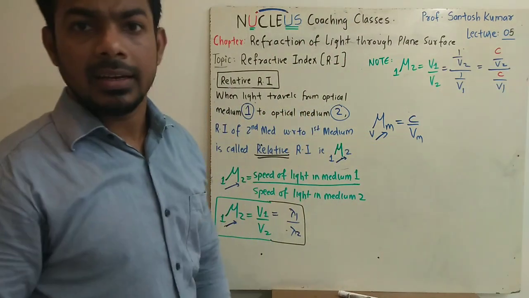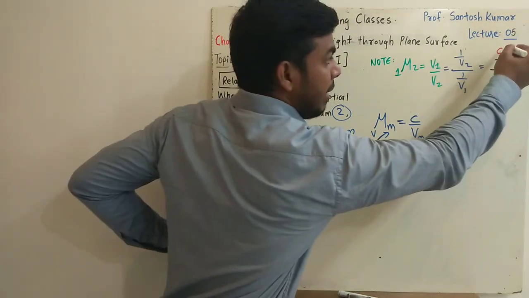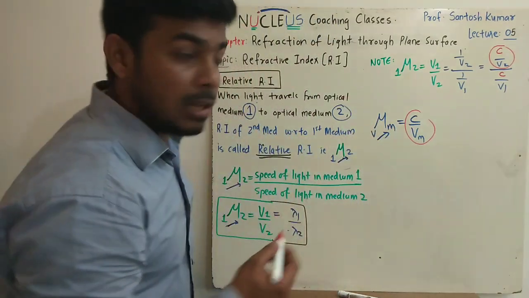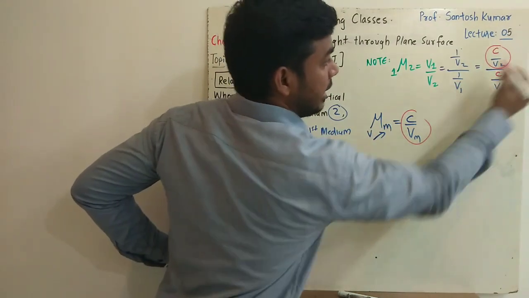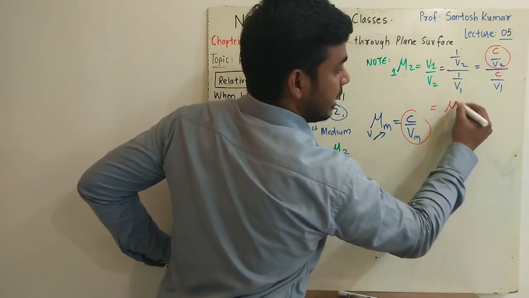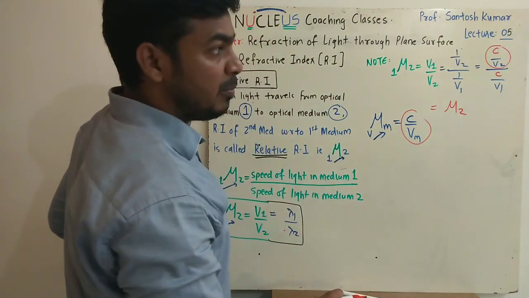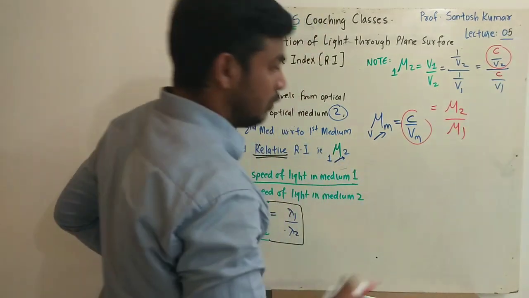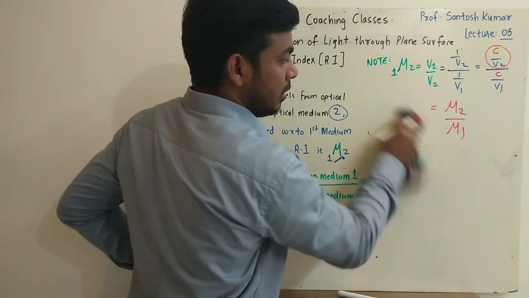It is mathematically correct. So C by V2, remember, C by Vm is an absolute value. So C by V2 can simply be written as the absolute refractive index mu 2. C by V1 can be written as the absolute refractive index mu 1.